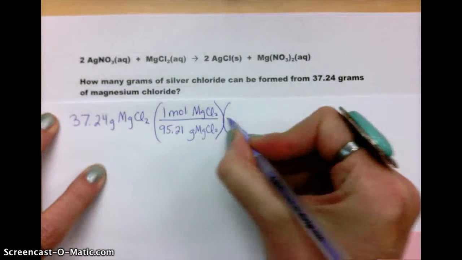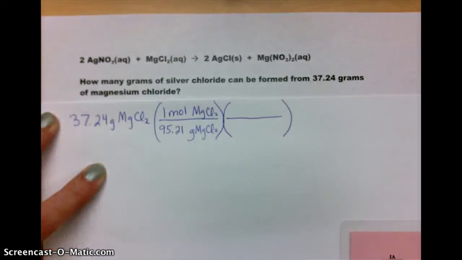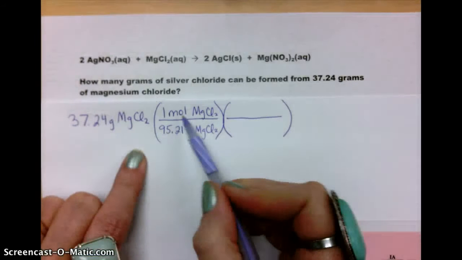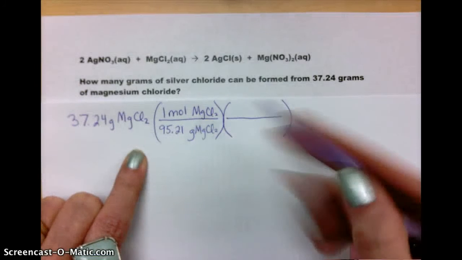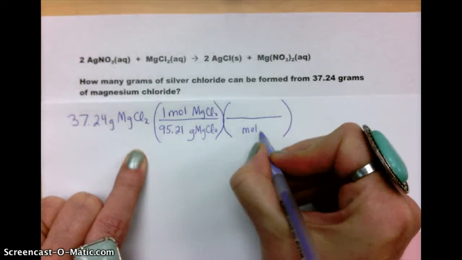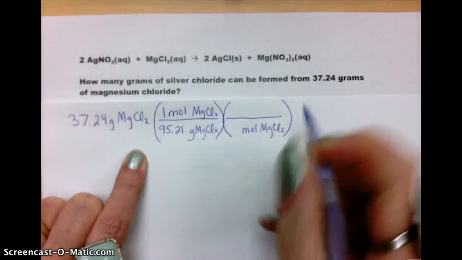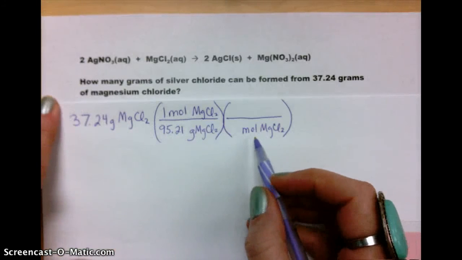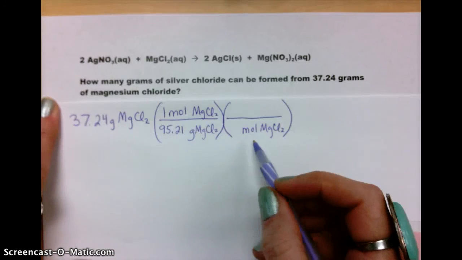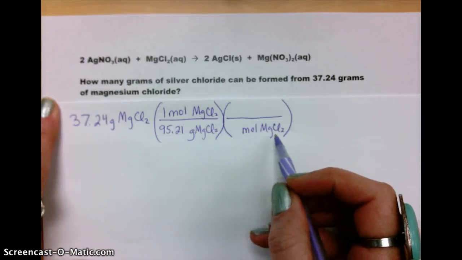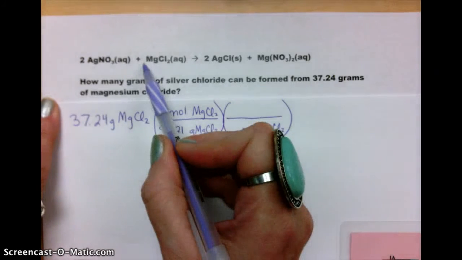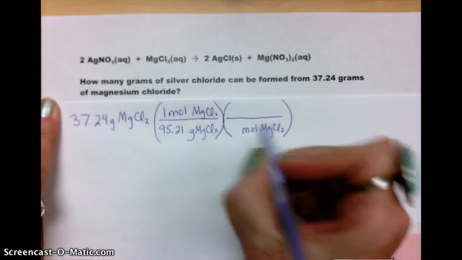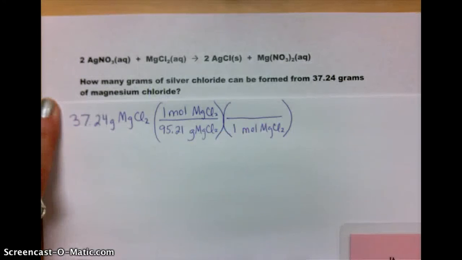Our second step is a mole ratio. Now, moles of MgCl2 is on top, so moles of MgCl2 must be on the bottom to cancel out. In a mole ratio step, we get our moles from the balanced reaction. How many MgCl2s are in the reaction? Well, if I look up here, there isn't a number, so it's an understood 1. There is 1 mole in the balanced reaction.